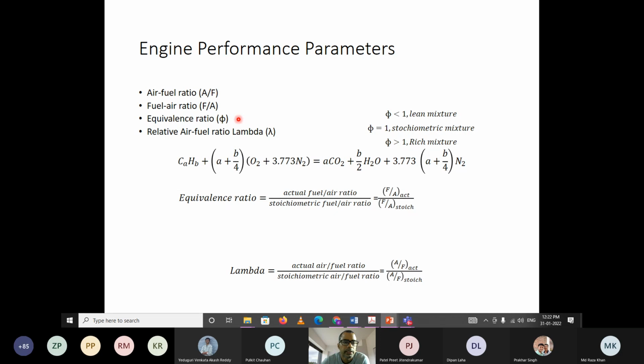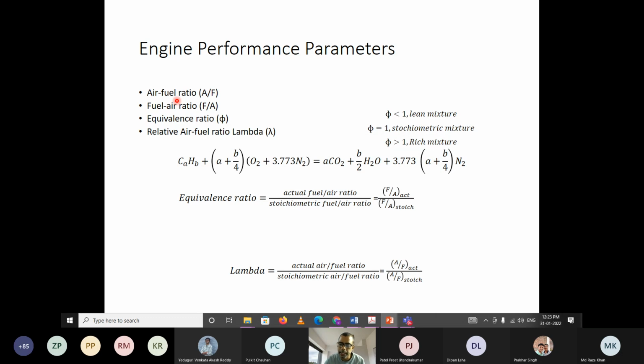What are all these things? We need to understand them in detail and be very clear about them. As we are measuring the fuel, let's suppose your engine is running at 2000 RPM and 20 Newton meter torque.